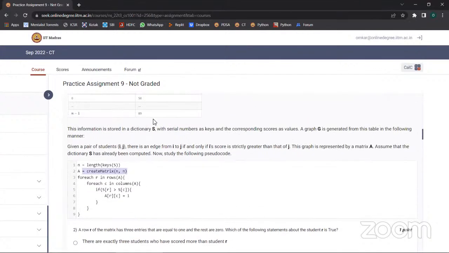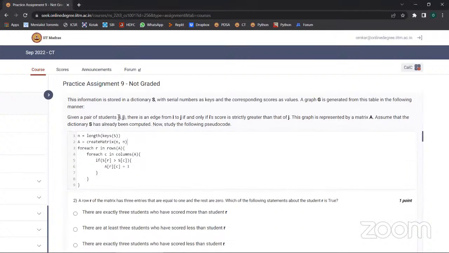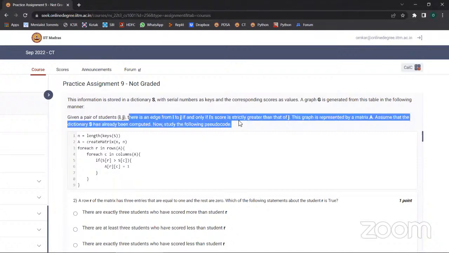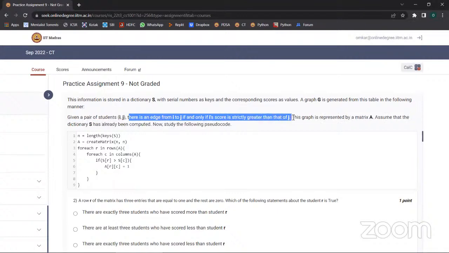The thing is that here, the difference between I and J: I has to be greater. There is an edge from I to J if and only if I's score is strictly greater than J's.